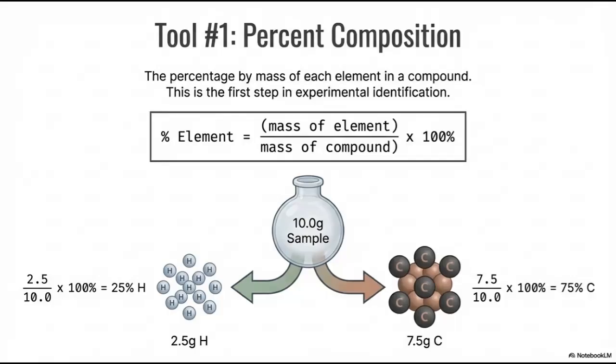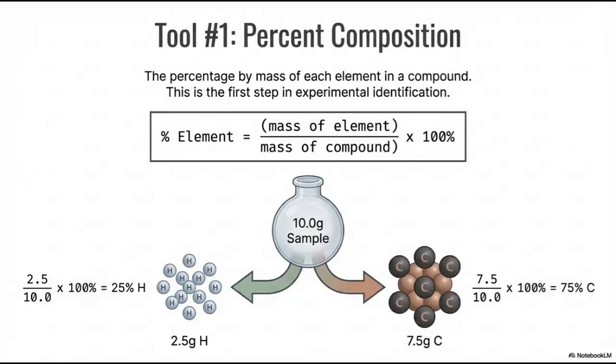So if I have, let's say, 10 grams of a sample, and I have 2.5 grams of hydrogen versus 7.5 grams of carbon, I can calculate what percent of hydrogen and carbon I have in that sample. And that's going to be crucial and important for us to identify what that substance is.